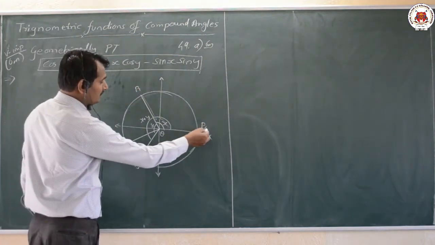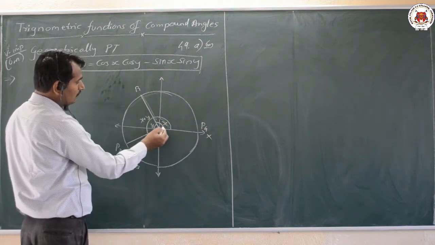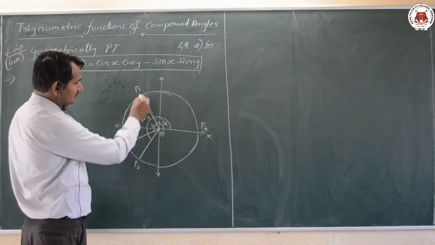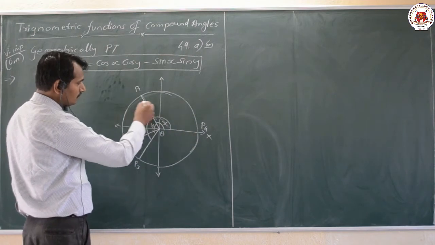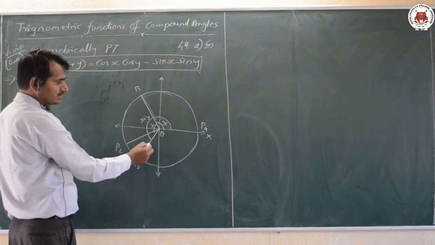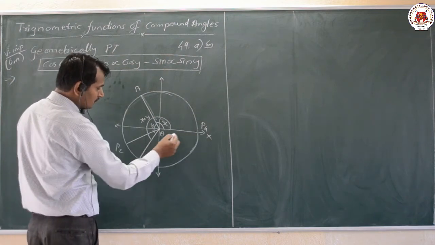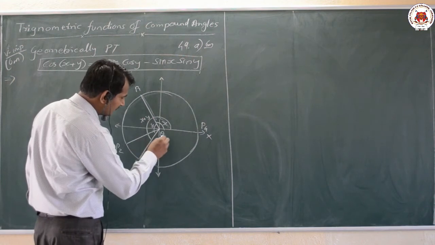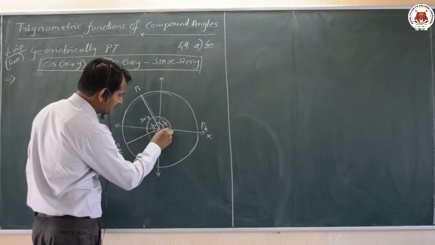That means here P4OP1 is x, P1OP2 is y, and P4OP3 is x plus y. And P4O I will take the value as minus theta.